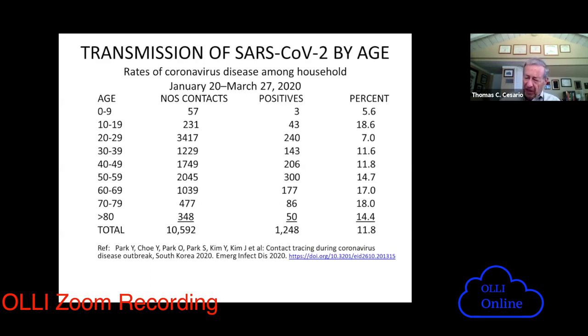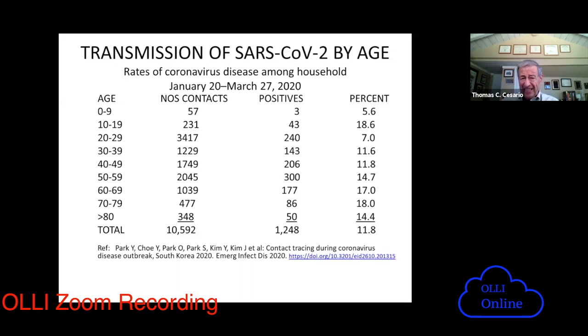What we think, based upon evidence that we have to date, largely from a study done in South Korea, is that young children, 0 to 9, as you can see here, in the case of an individual of that age who got it, had contact with 57 other people, only 3 of them in the household living with that child ever got infected, or 5.6%. So that looks lower than the other percentages.